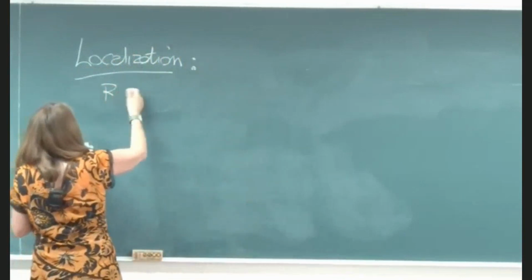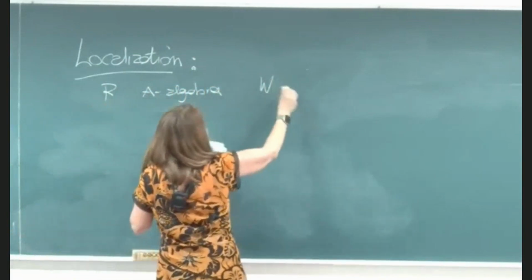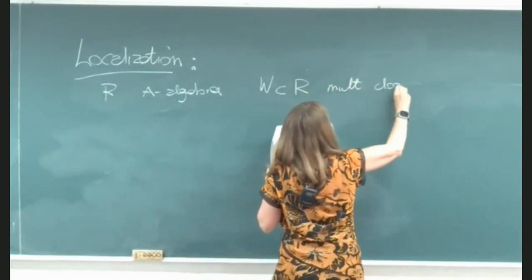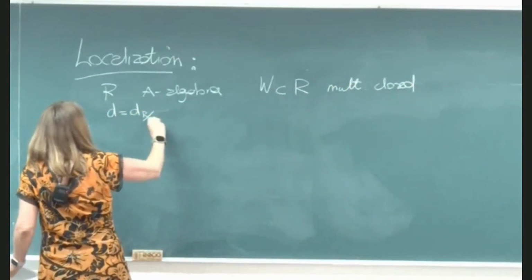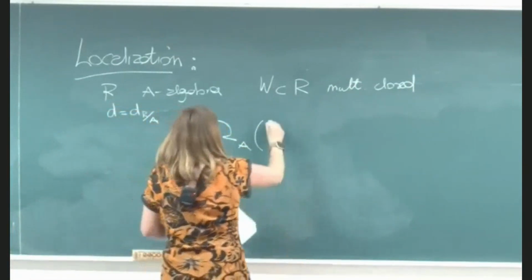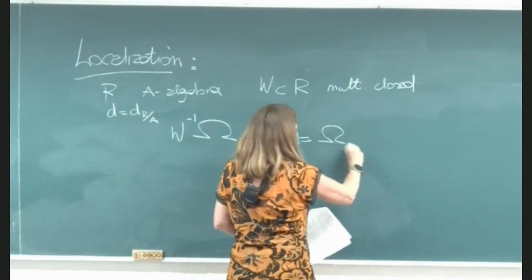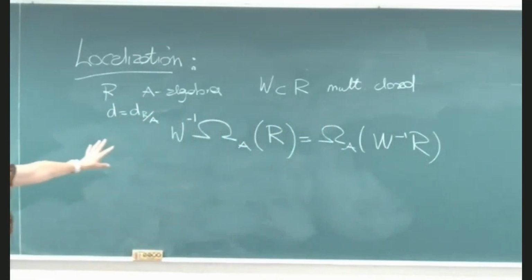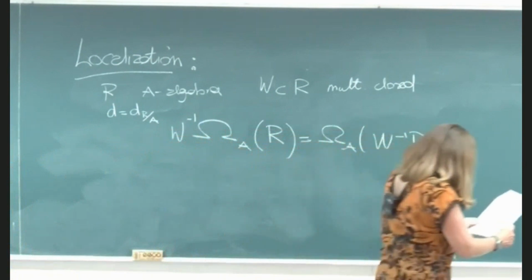Simply that if you have an A-algebra R, like always, and you want a multiplicatively closed subset W of R, and you take the universal derivation and then the module of differentials, you want to localize the module of differentials at W, and what happens is exactly what you would like to happen. The localization commutes. And as I said, you proved this fact yesterday in the homework, so I skipped the proof or even the check of the proof because you did it.